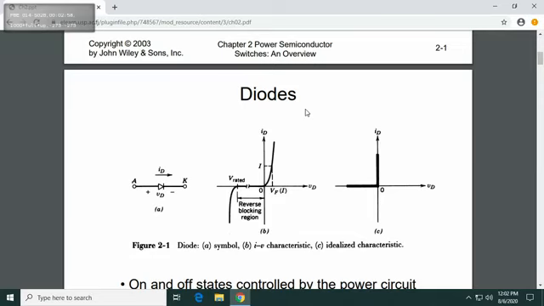We have to make sure that we don't reach this point here. This V rated is always given in the data sheets of the diodes that you are going to use. So make sure you take into consideration the blocking voltage, because after that it just becomes, not an open circuit actually, it just becomes a wire because the diode burns. So that's towards the negative side.